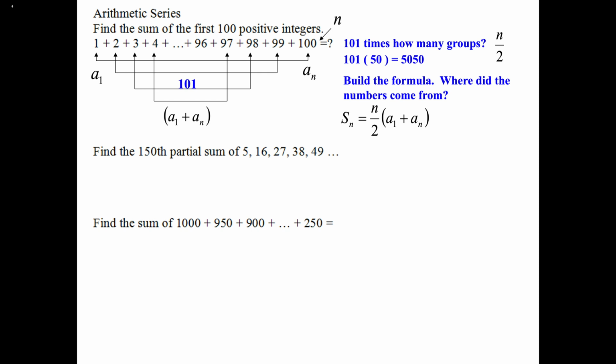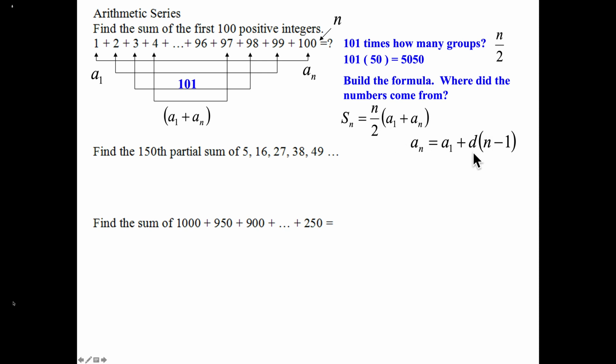So we're going to take the n over 2 and multiply it to the first term plus the last term. And this capital S sub n means the sum of the first n terms of a particular arithmetic sequence.